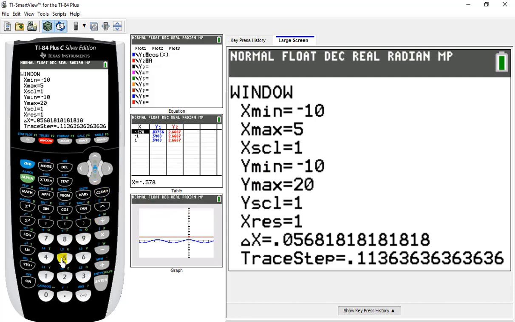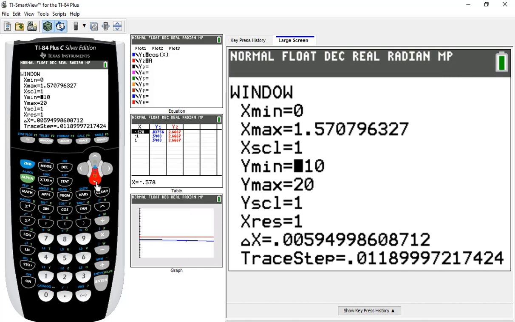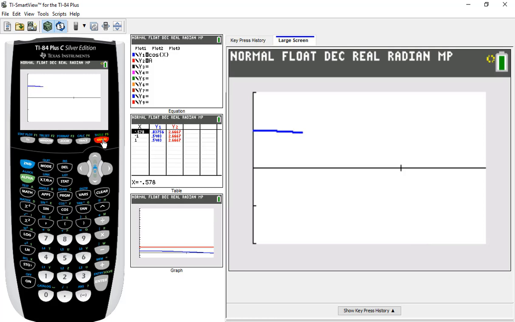And our interval is 0 to pi halves, so I'm just going to literally type that interval in. 0 to pi divided by 2, that's on my x-axis. And then my y, I might do -2 to +2. And we'll go ahead and graph this. That way all I'm looking at is the interval that is mentioned in the problem.